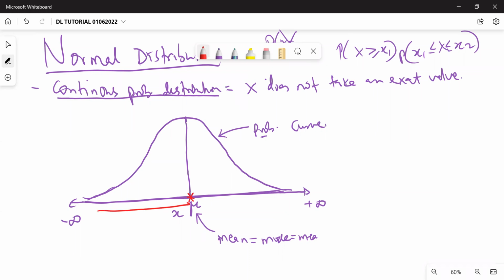This is the median. So it's the middle point, it's also the highest point of the curve, and it also corresponds with the mean. It is the only distribution with that kind of property.